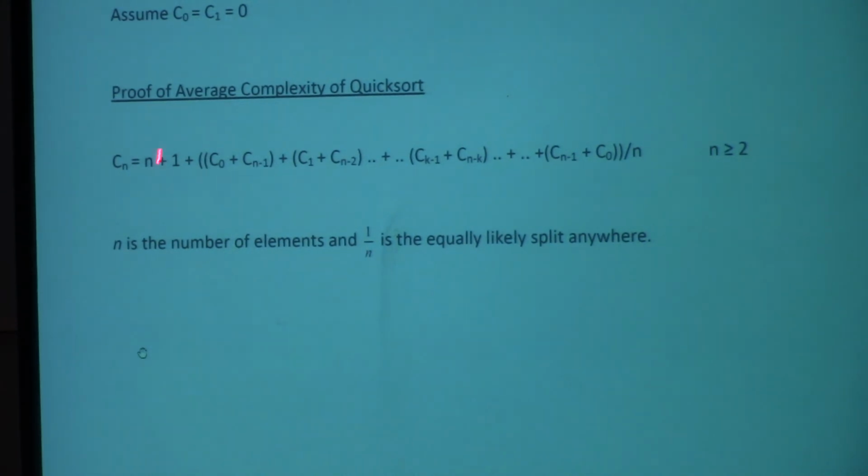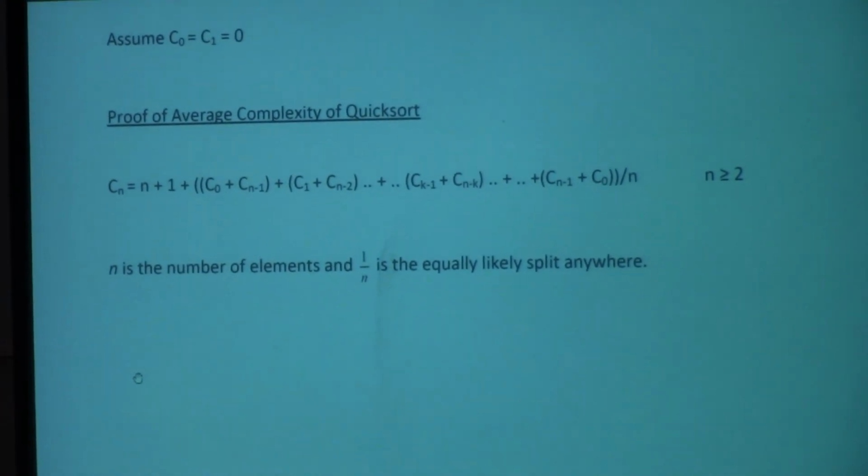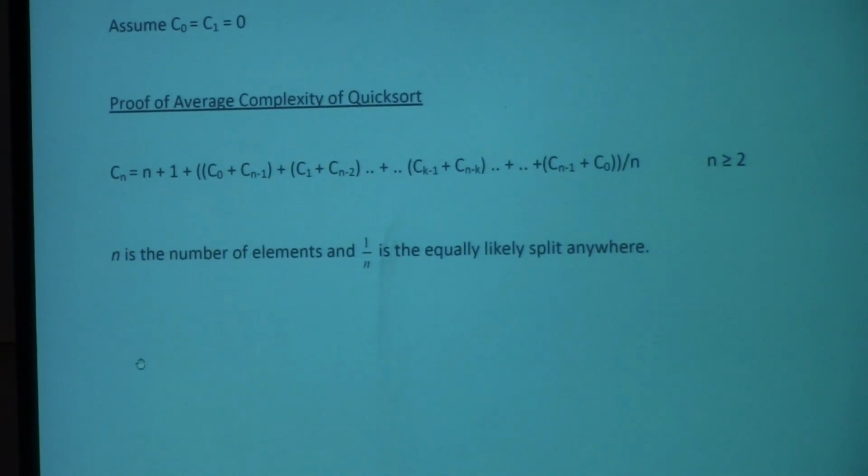So remember, Cn is the number of average comparisons of quicksort with n elements. Okay. So I want you to focus from this parenthesis to this parenthesis and see what we have here. So Cn, again, is the average number of comparisons of quicksort with n elements.